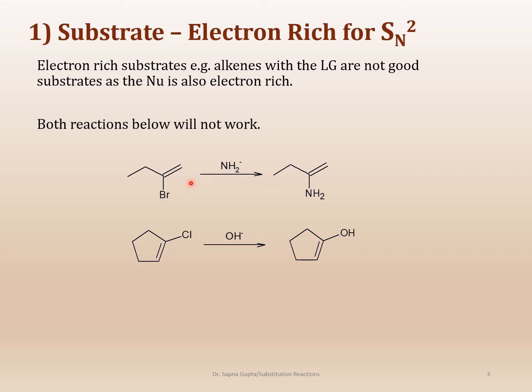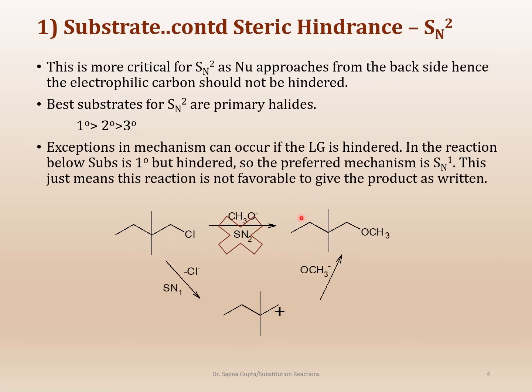Because the double bond is already electron-rich with pi electrons, the nucleophile will not like to come to the carbon that is already electron-rich, because remember, nucleophiles like electrophiles, which are electron poor. So the two reactions I have written here are not going to work, because in both cases the leaving group is on the electron-rich carbon. So it doesn't happen.